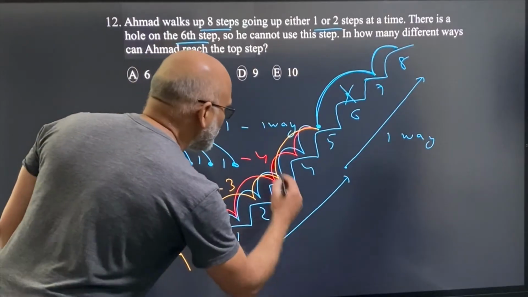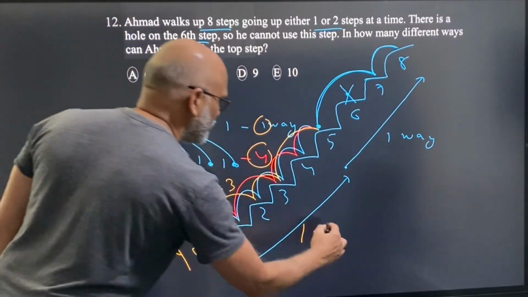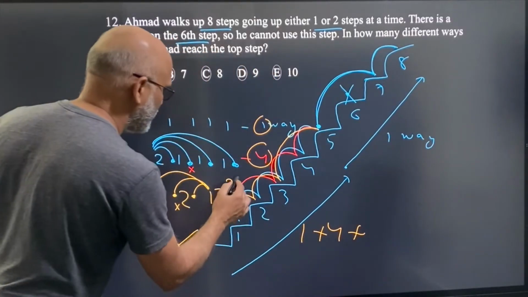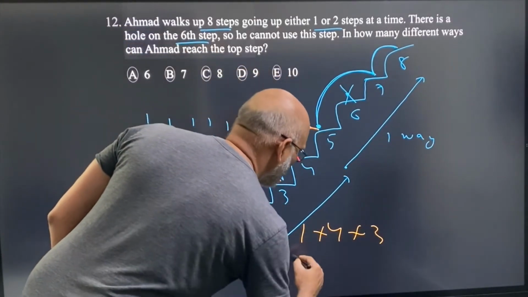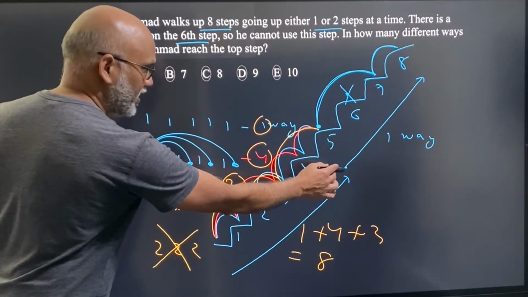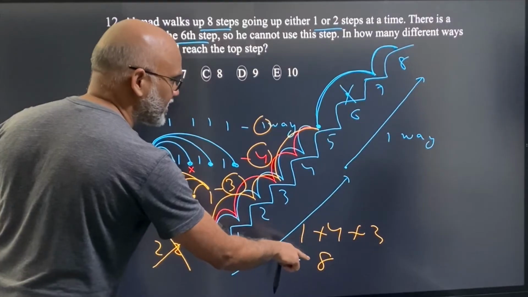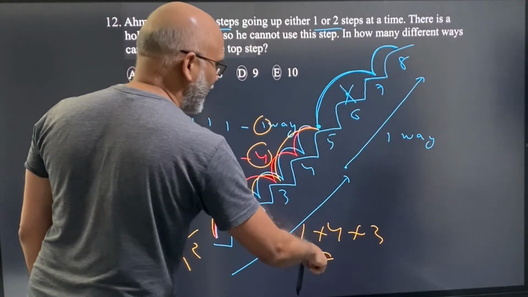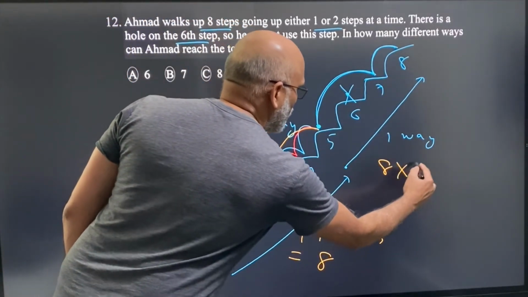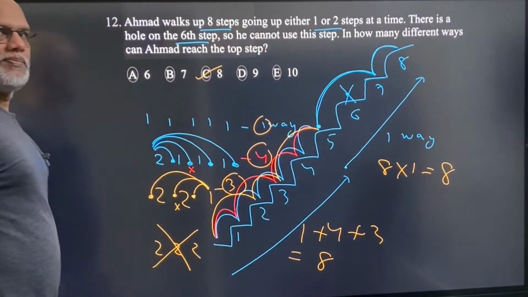So here there is 1 plus 4 plus 3. So this is 8. So from ground to the 5th step, there is 8 possible ways, and for each of those 8, there is only one way from there. So 8 times 1 is still 8. Then the correct choice is C.